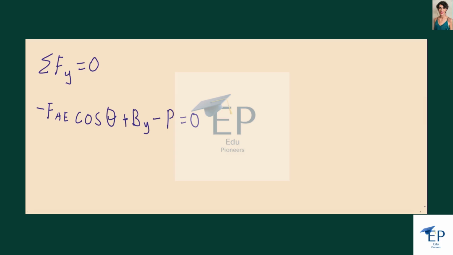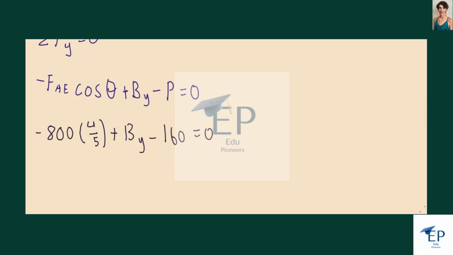And we plug in the known terms. So we have negative 800 times 4 over 5 plus B of y minus 160 is equal to 0. And solving for the unknown term, B of y, we will get a force of 800 newtons.